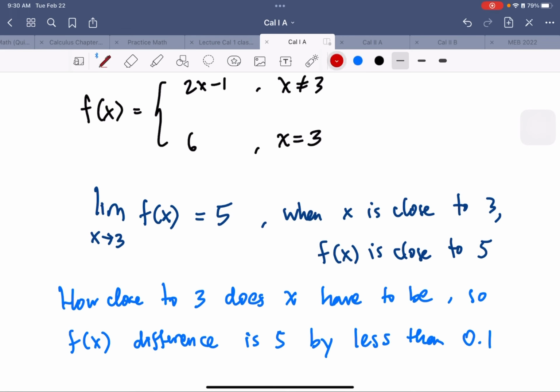The 0.1 is just a number that we consider quite small, to make it easy to understand. I picked some numbers here. It can be any small number, but we need to know how close the limit is.